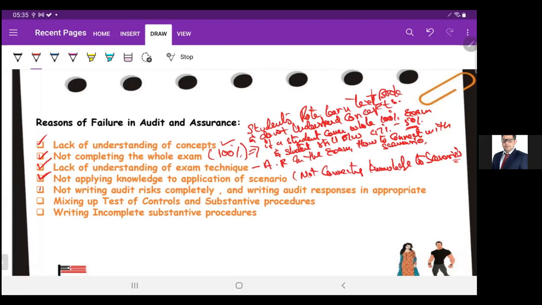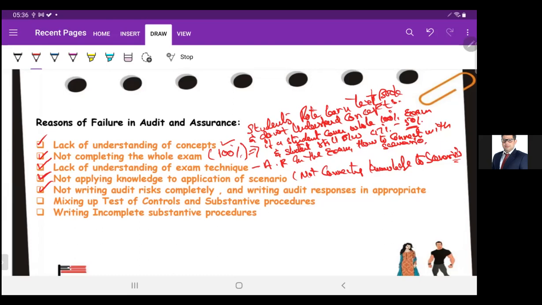Now, this point is connected to my previous point, not writing audit risk completely. That means mostly students just identify. They will just say, for example, there is a risk that inventory is undervalued. Sorry, it is an audit risk, undervaluation of inventory, that is audit risk.